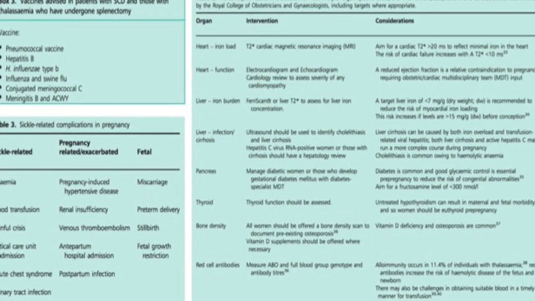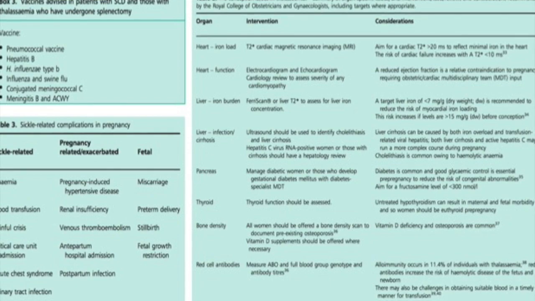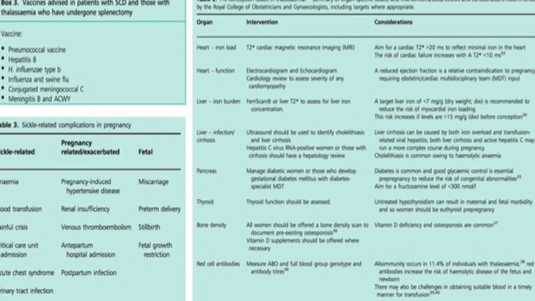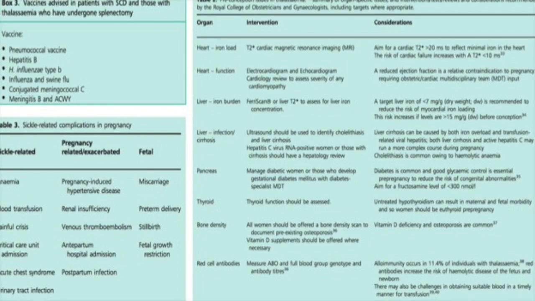Sickle-related complications in the pregnancy. So the complications are anemia, and in the pregnancy, it can cause pregnancy-induced hypertensive disease, and in the fetus, it can lead to miscarriage. So the next one is blood transfusion for pregnancy-related or exacerbated renal insufficiency, and for the fetus, it can lead to preterm delivery.